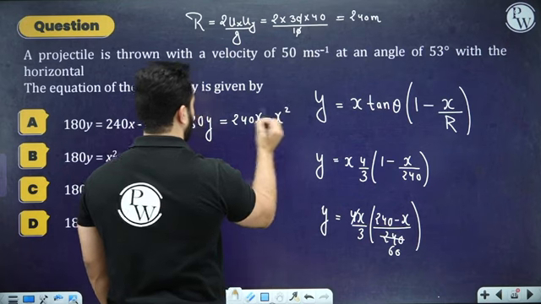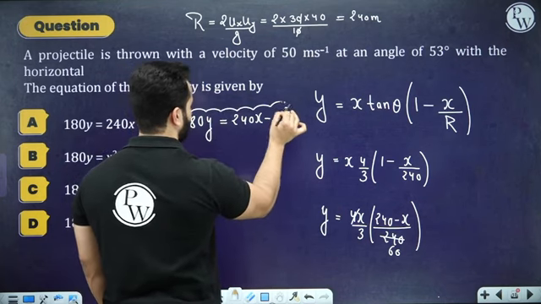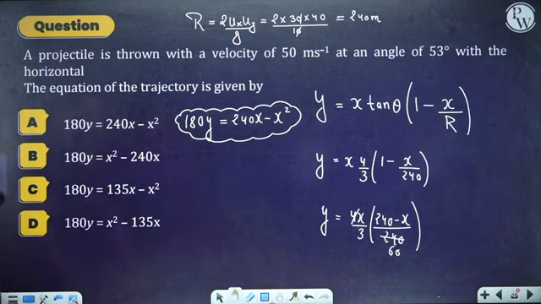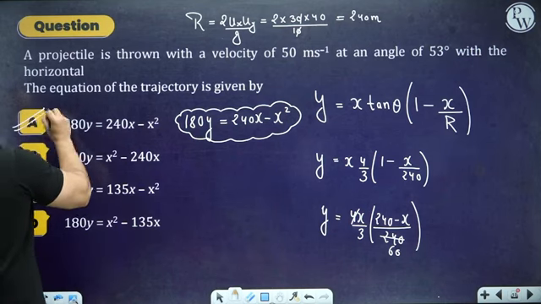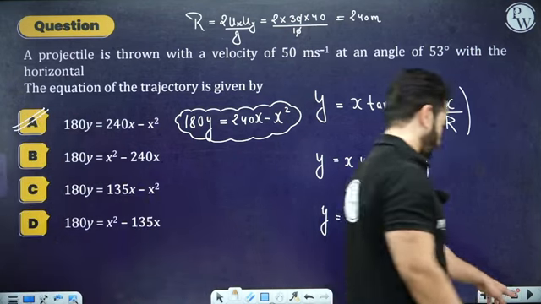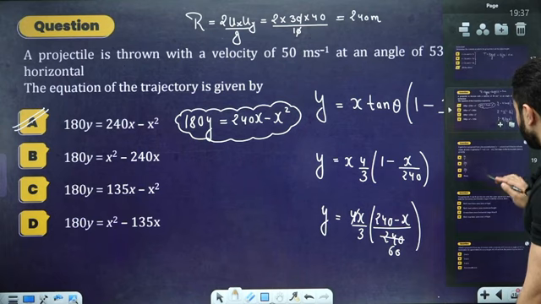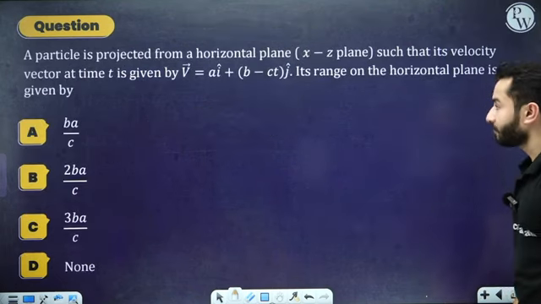So this is going to be your answer. So 180 y equals 240 x minus x square. That means option A is the correct one. Right? Hopefully everything is good. Let's move to the next one.